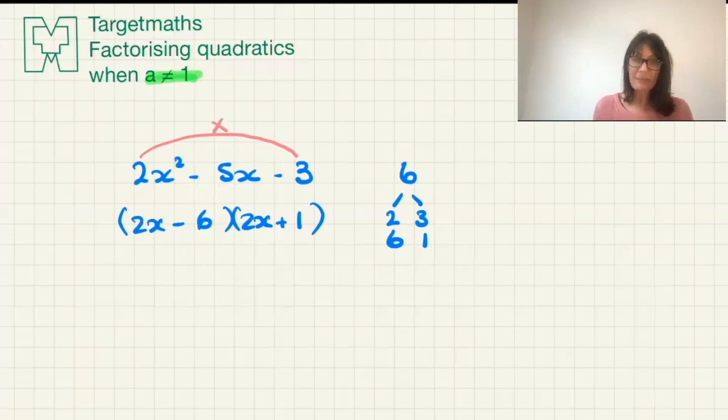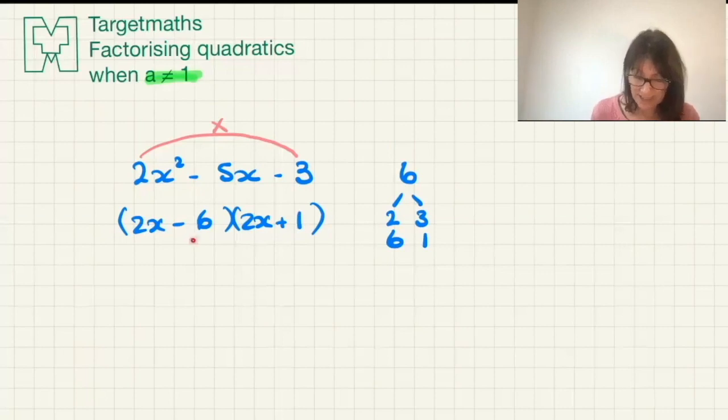So I've got everything populated now into the brackets. The eagle-eyed among you may have spotted that if we crab's claw this out, 2x times 2x is 4x squared. That doesn't give me the first term, which would suggest we're going wrong. We're not, we just haven't finished, okay? Because these will cancel.